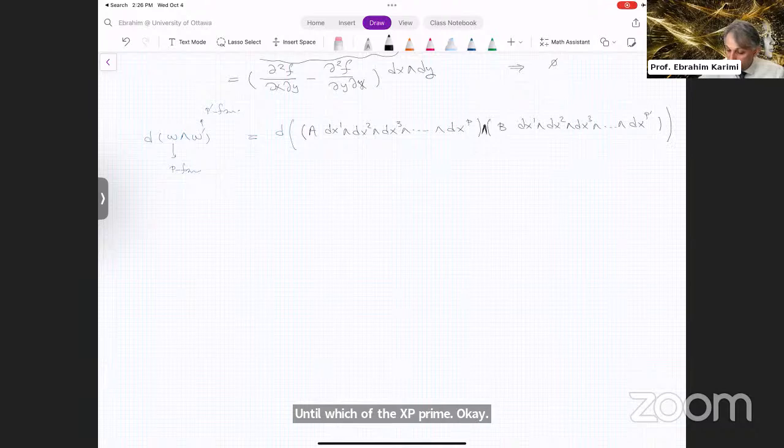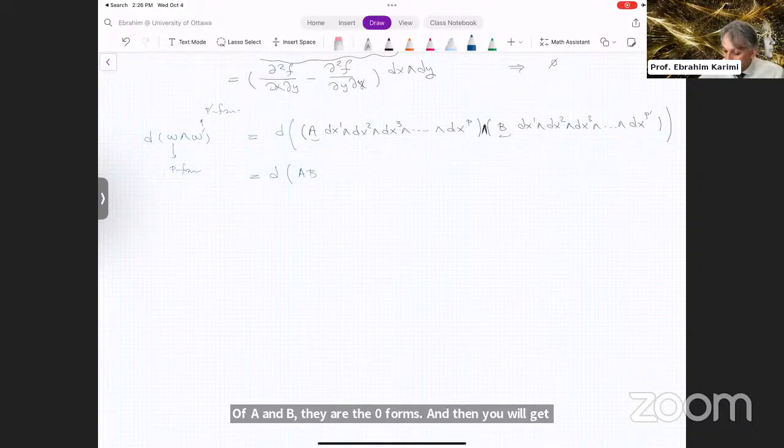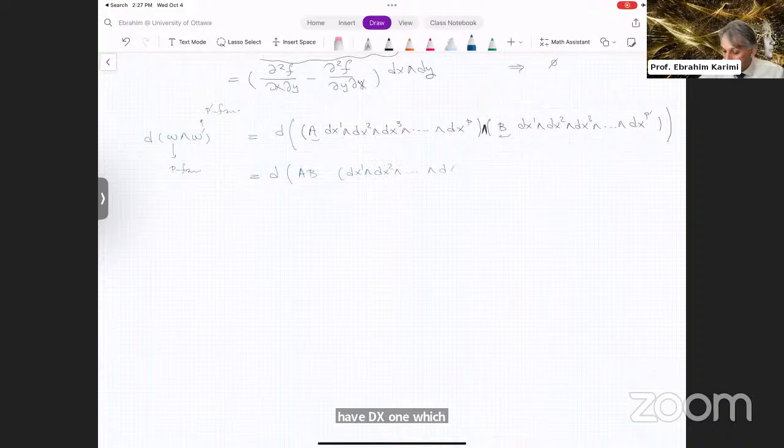Now I can write it as d of a and b, which are zero forms, so you get ab. Remember a and b are functions of x1 until xn, so you have to take the derivative of that. Then we have dx1 wedge dx2 until dxp, wedge dx1 dx2 until dxp prime.